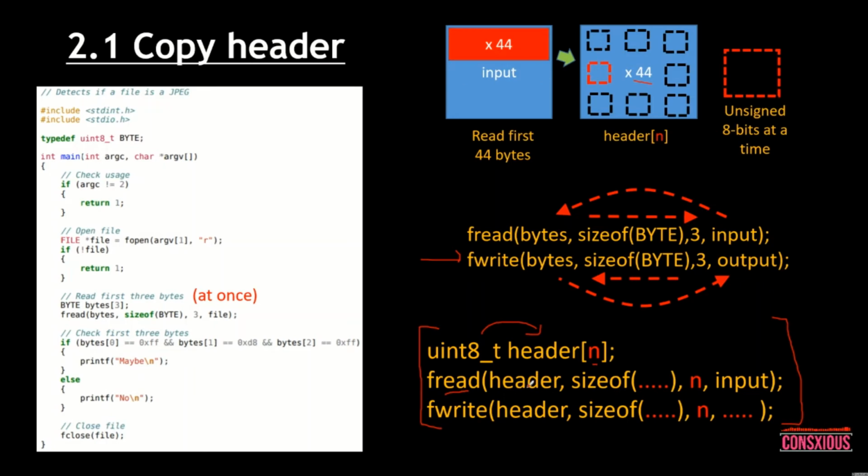So we're going to put the address here, the size of the 8 bits here, the n will be 44 here, and from the input. Basically fwrite is the same. For the headers here, the size of the 8 bits here, the n will be 44, and here will be the output. The red color is for you to fill in.